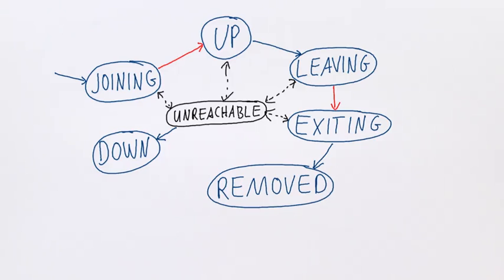So in the end, there will be either a program or an operator monitoring the system and deciding after which unreachability period to move a node to down. Once that has happened, and once that has properly been disseminated among all the remaining cluster nodes, the leader removes the node.